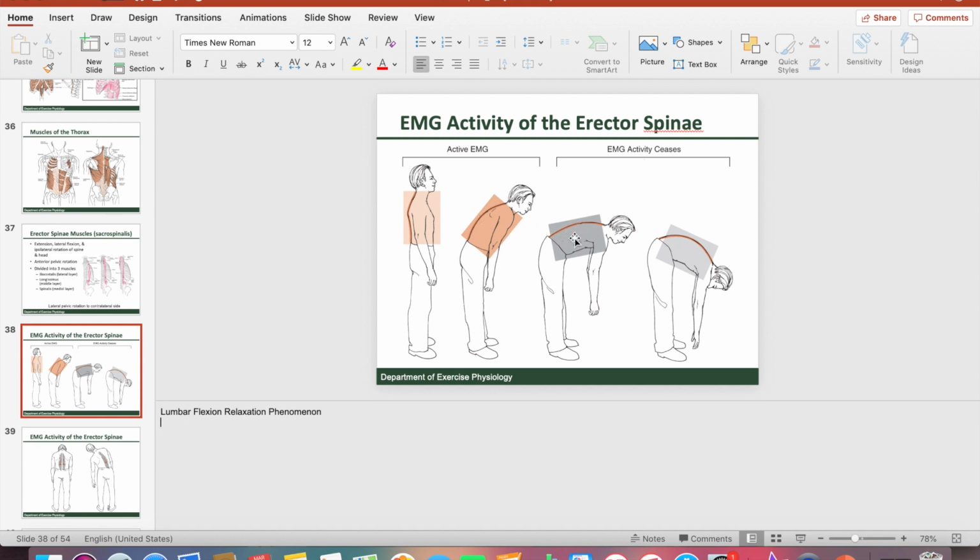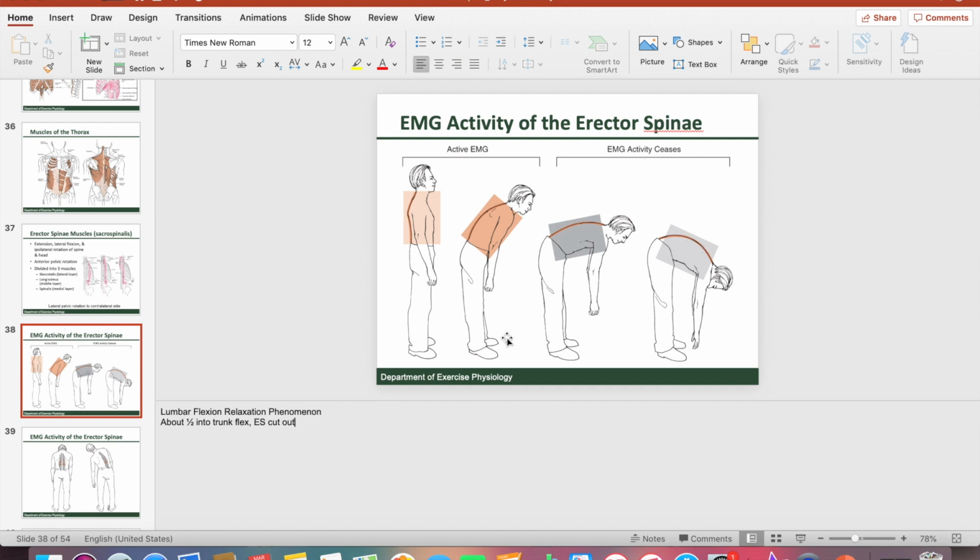But notice when you get somewhere about halfway into trunk flexion, the erector spinae muscles cut out, meaning they are no longer contributing to the stability of the spine in this position.